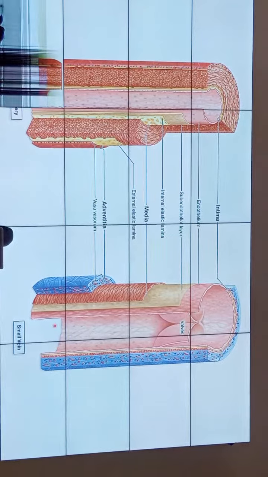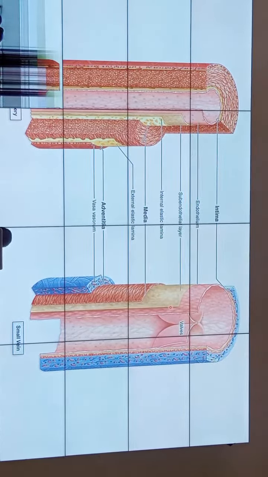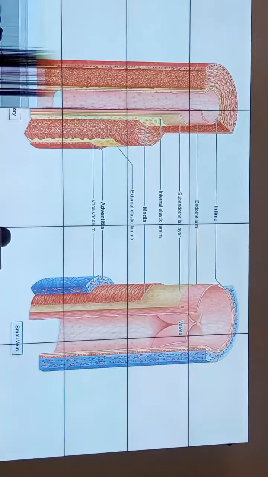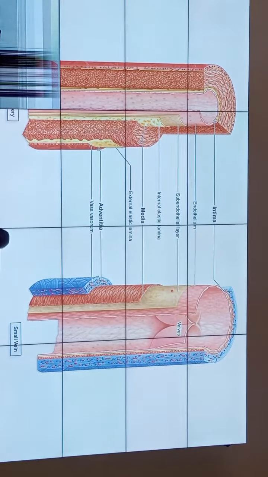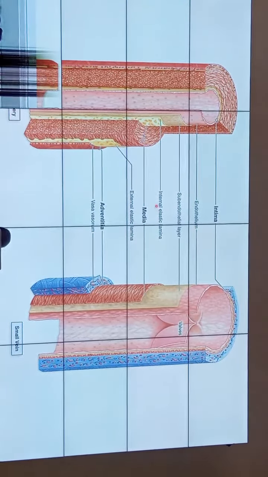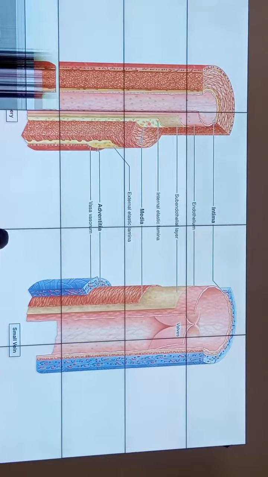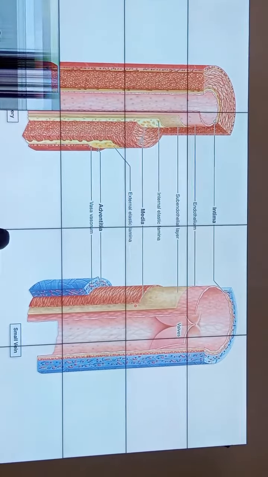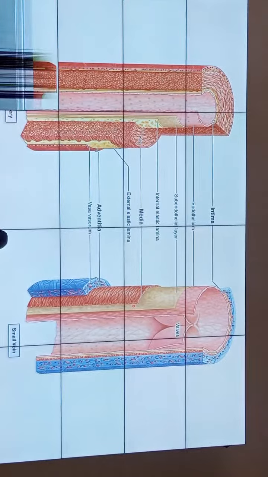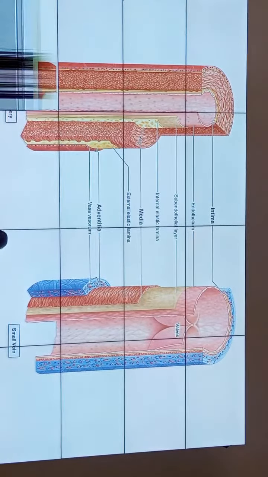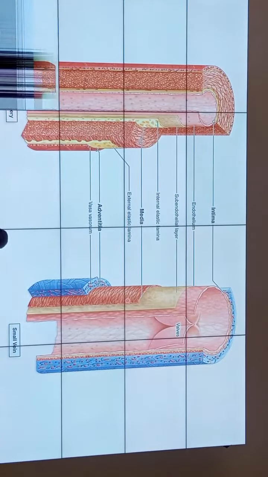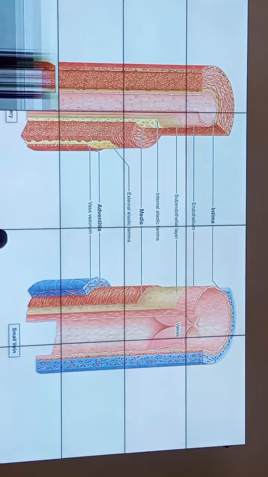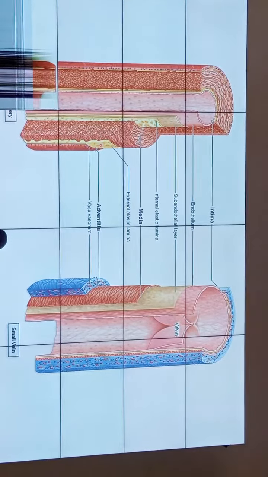What about this vessel? This is a vein. And already we can see that in this vessel, the tunica intima is only made up of this endothelium and the subendothelial layer. There's no internal elastic lamina. Already we can see differences, okay? What about the tunica media? For veins generally, the tunica media will not include the external elastic lamina.